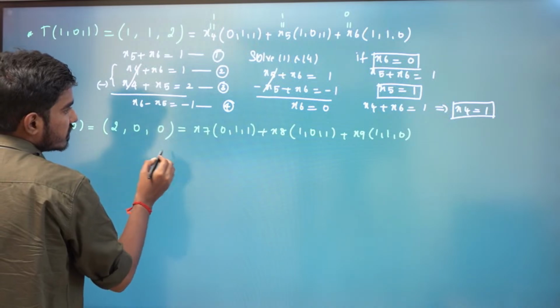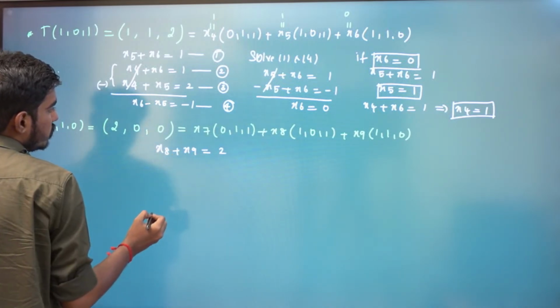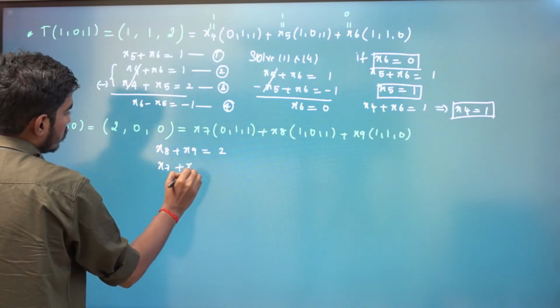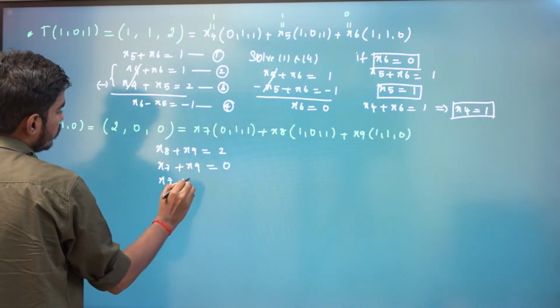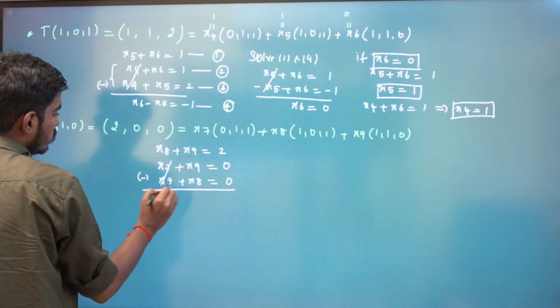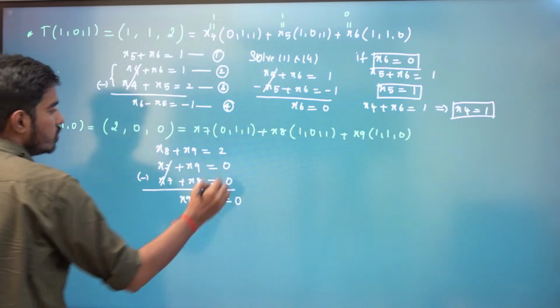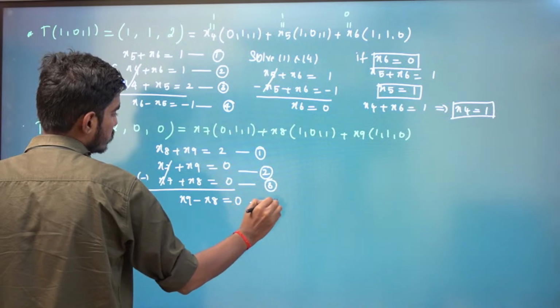So we have x8 plus x9 is equal to 2, and then we have x7 plus x9 is equal to 0, x7 plus x8 is equal to 0 again. Now you solve for these two. So we have x9 minus x8 is equal to 0. Call these 1, 2, 3, 4.